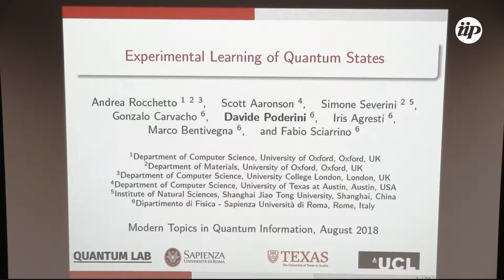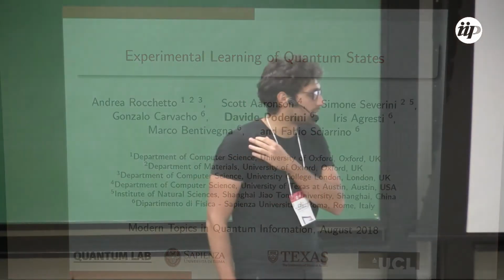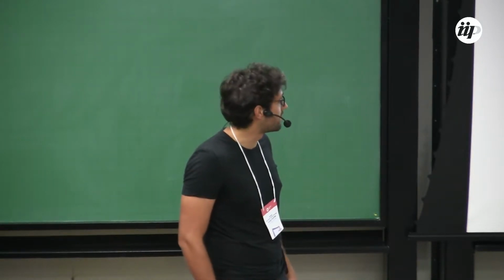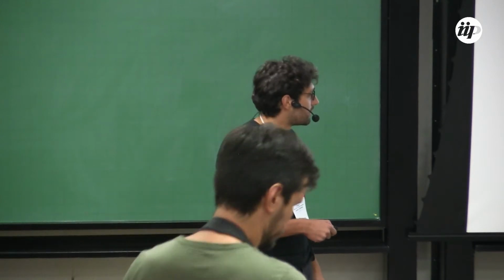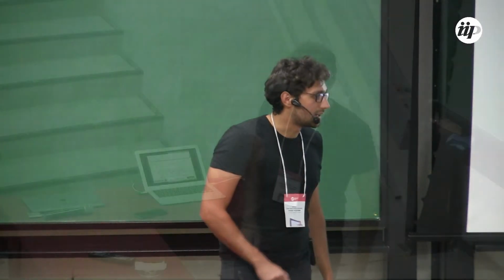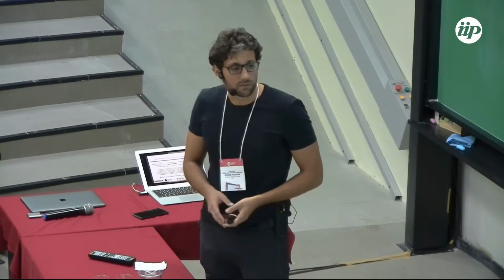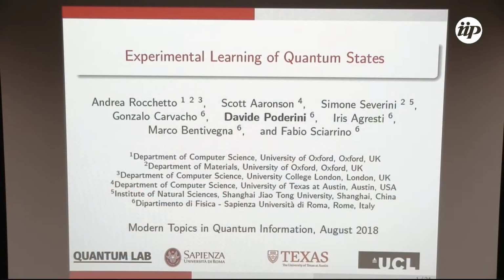In particular, I will talk about this work we've done in collaboration at the University of Rome Sapienza, with the University of Texas, Austin, and UCL in London, where we experimentally realized a learning scheme for quantum tomography, which is exponentially better than the traditional learning schemes in the number of measurements, at the price of giving only approximate results.